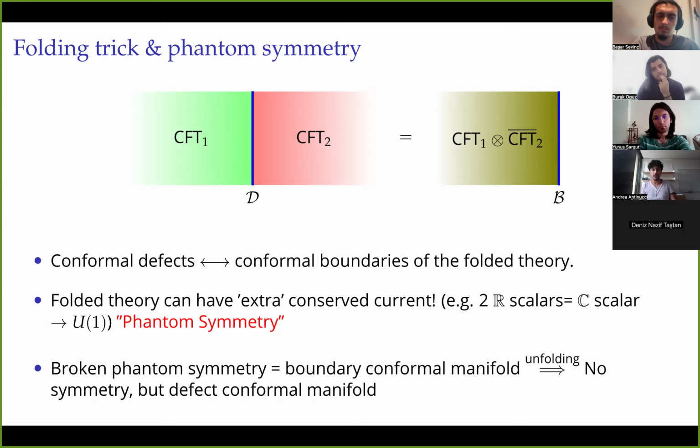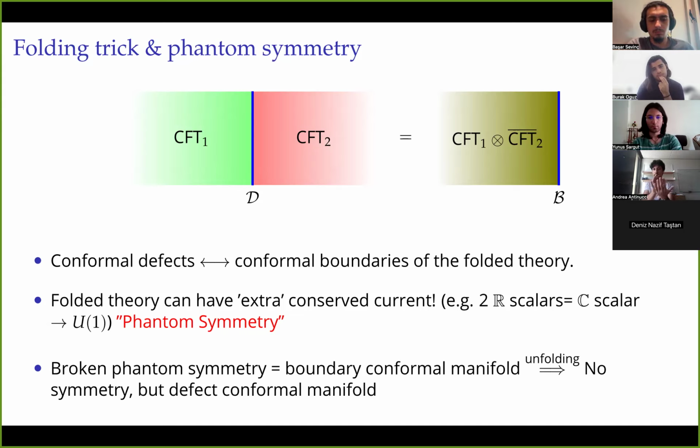The general principle is the following. If you want to study conformal defects, or more generally conformal interfaces between two different CFTs, something you can do, and this is very standard, is the so-called folding trick. The general slogan is that conformal defects are the same as conformal boundaries in the folded theory, meaning that you can fold around the conformal defect and get a CFT that is just one CFT stacked on top of the orientation reversal of the other.